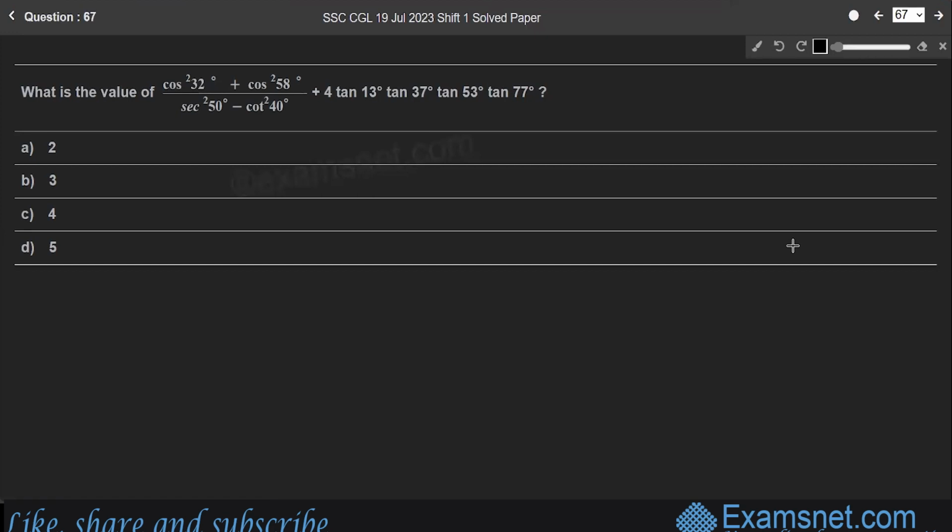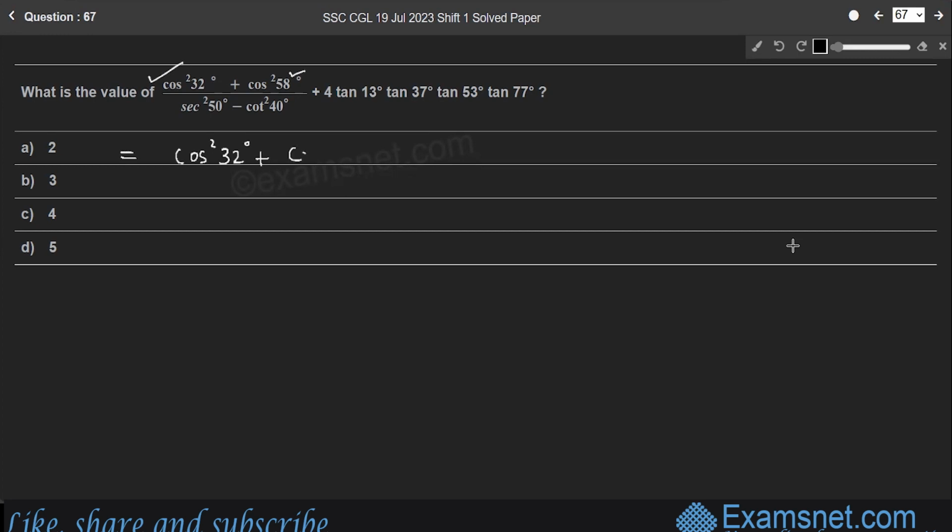Question 67. What is the value of the given expression? We write the given expression cos square 32 degree plus cos square 58 degree, writing it as cos of 90 minus an angle.